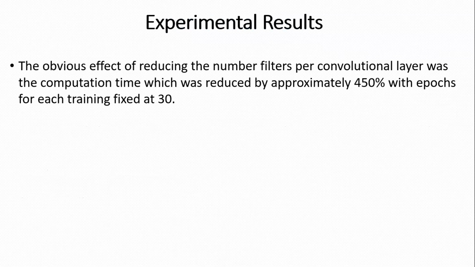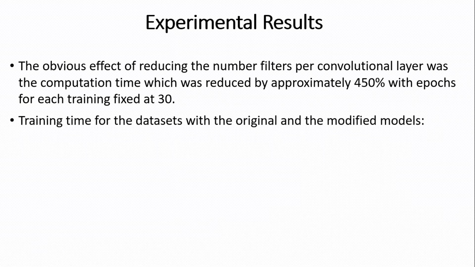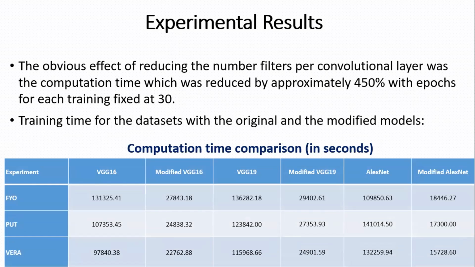So the experimental results obviously show that the reduction in number of features will reduce the computation time drastically, as we got approximately 450% reduction in time for training when we use our modified model. The training time is given here. So we see the original one for VGG16 and then the modified one. We did this for all three of the models.